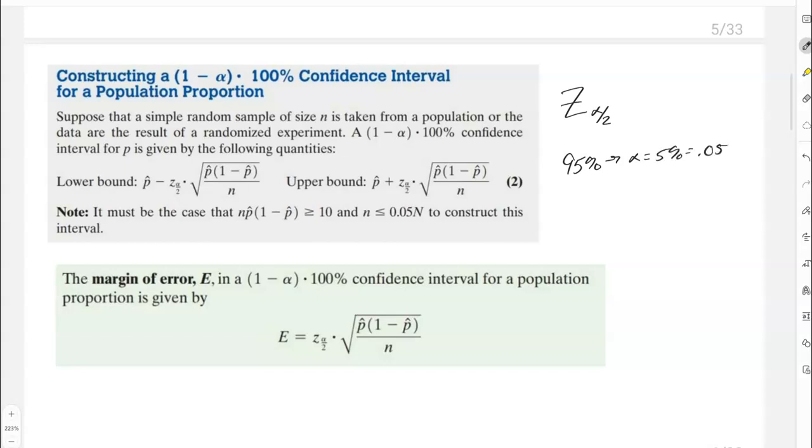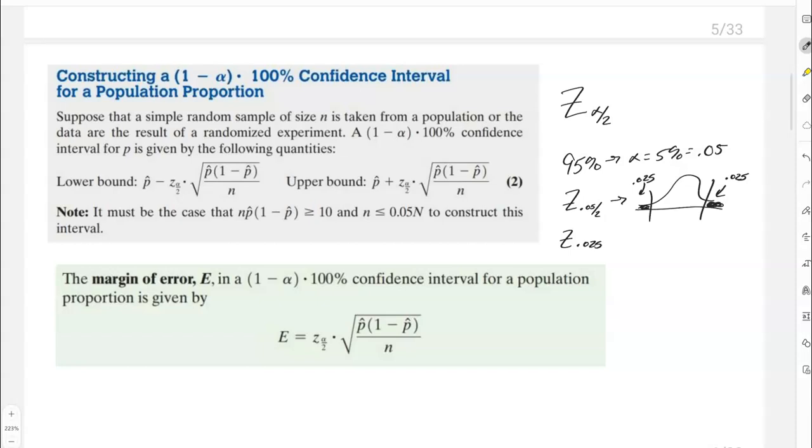So when I look at z alpha over 2, I'm looking at z of 0.05 over 2. And what that means is I am taking that 5% and I'm splitting it between the tails, and I'm doing that evenly. So I'm really looking at z of 0.025. I have an area of 0.025 in the left tail and in the right tail.